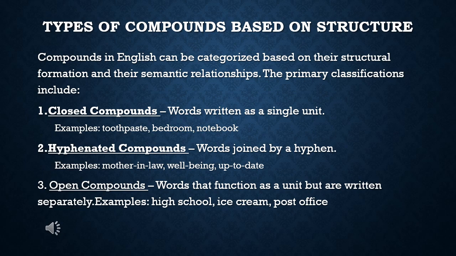Similarly, ice cream, ice plus cream, and these two words, ice and cream, are written separately. Similarly, we have post plus office, post office, and again there is a gap between post and office when we write. We have to remember one thing, that all these gaps and hyphens are only used while writing, but when we pronounce them, these hyphens and gaps are not realized.